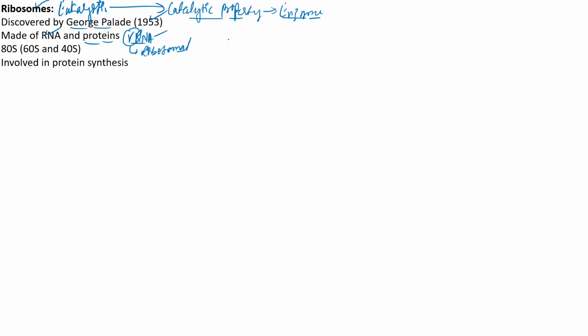All the enzymes, if you look closely, are proteins. But in the case of ribosomes, they are not proteins. They are made up of ribonucleic acid, the RNA, yet they show the catalytic property.